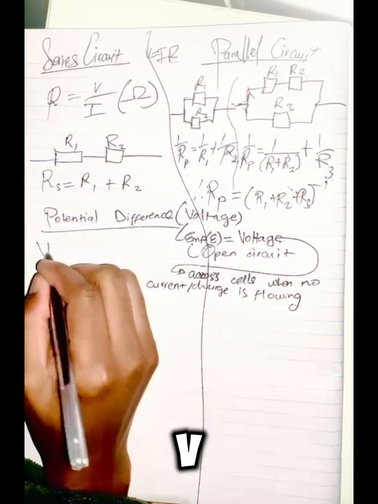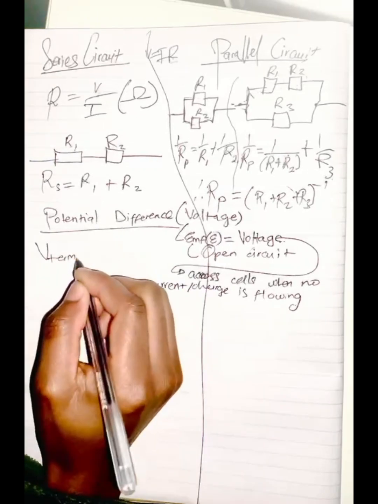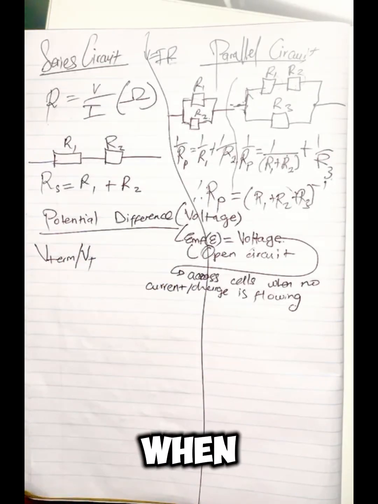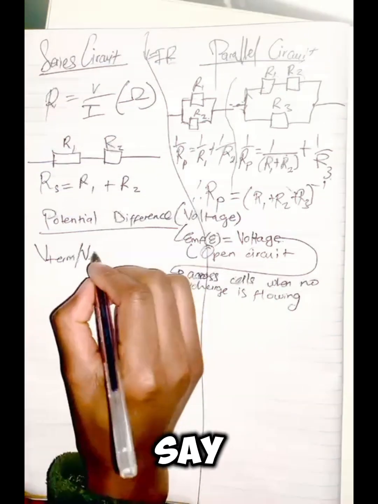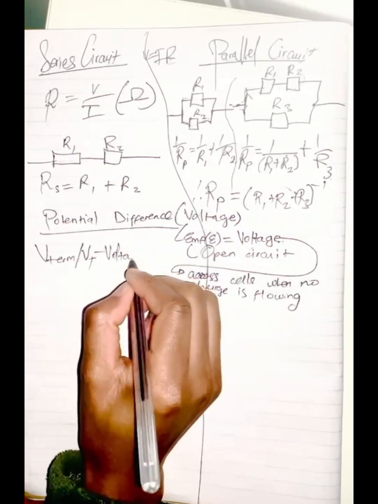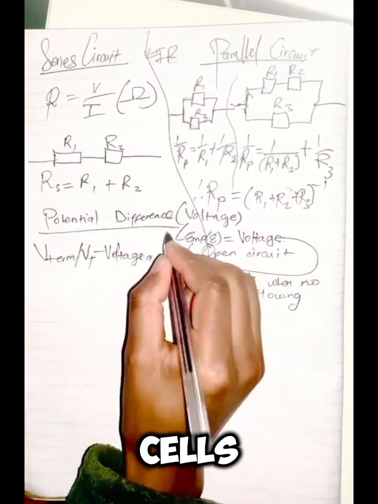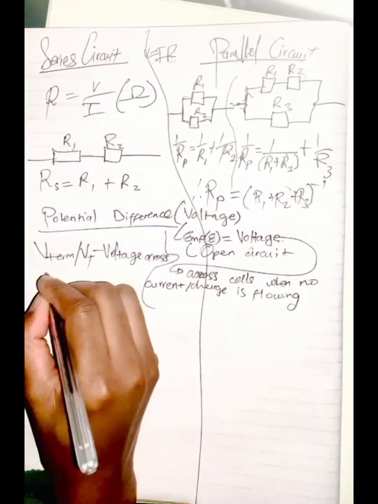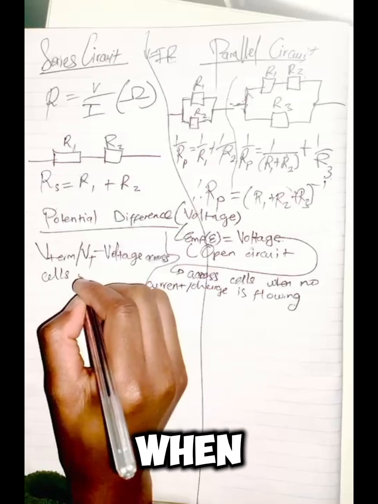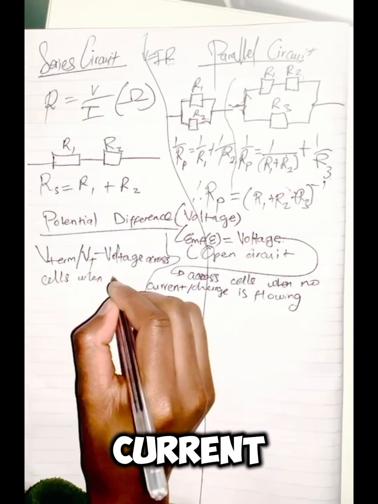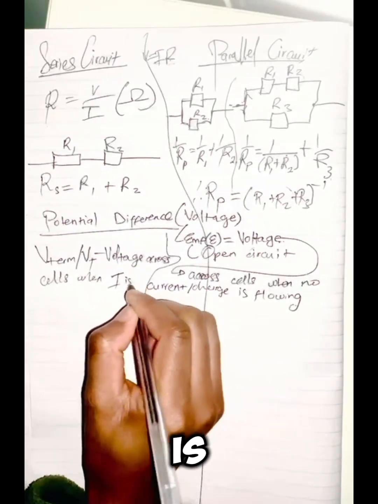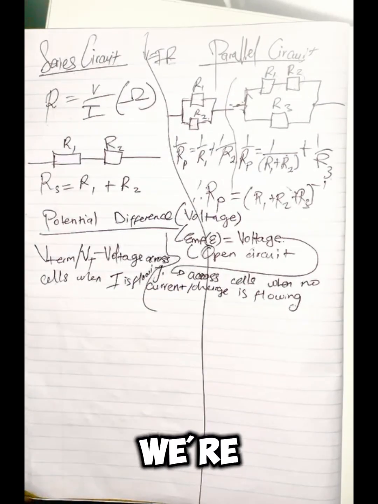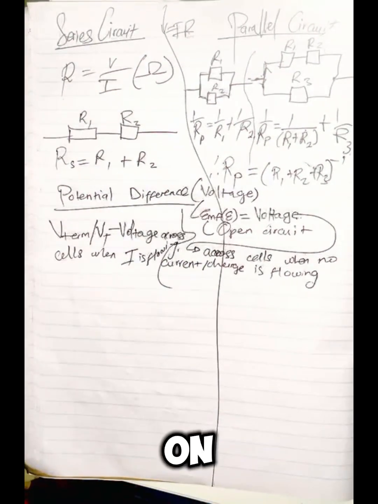So we also have the terminal voltage, or VT, which is the total voltage when there is current. So we say that this is the voltage across cells when current is flowing, right?